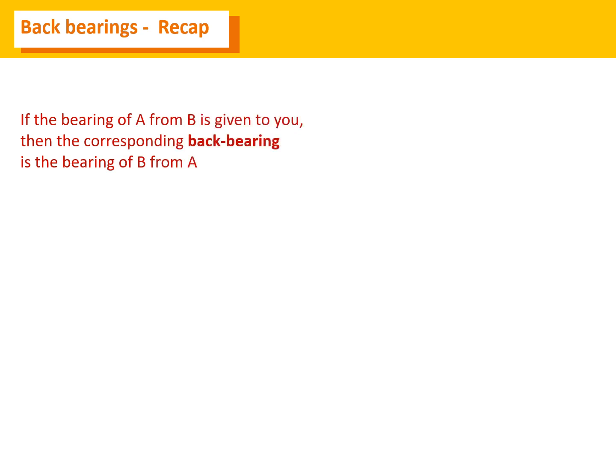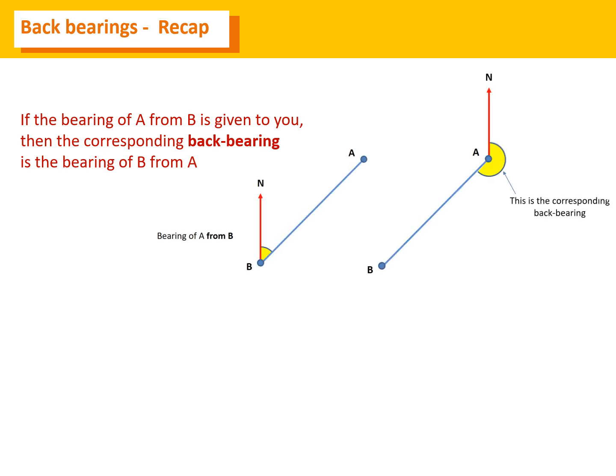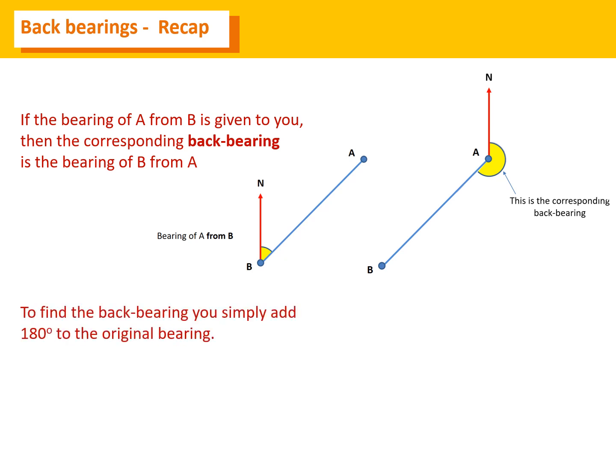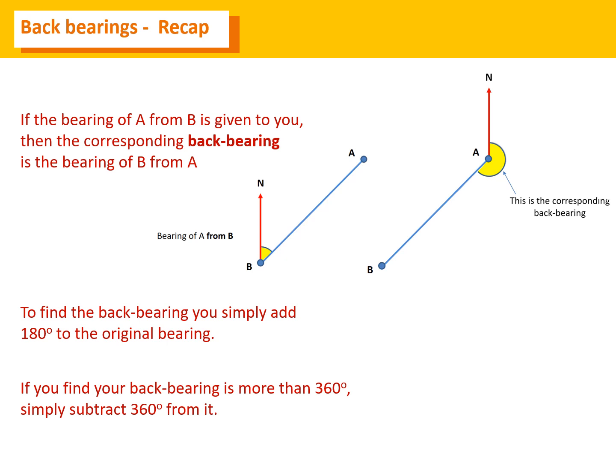Let's bring all that together then with a recap. If the bearing of A from B is given to you, then the corresponding back bearing is the bearing of B from A. In the first diagram, we have the bearing of A from B, and in the second diagram, we have the corresponding bearing of B from A. To find the value of the back bearing, you simply add 180 degrees to the original bearing, and when you've done that, if you find your back bearing is more than 360 degrees, you simply subtract 360 degrees from it.